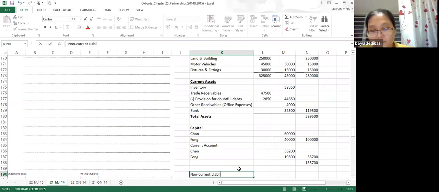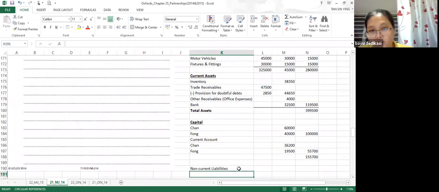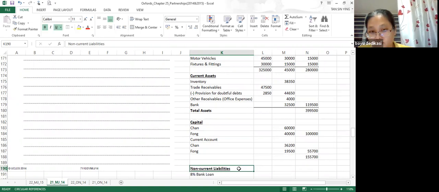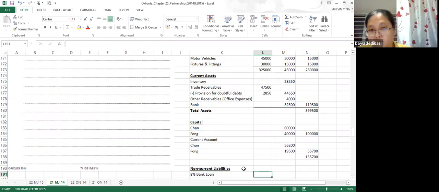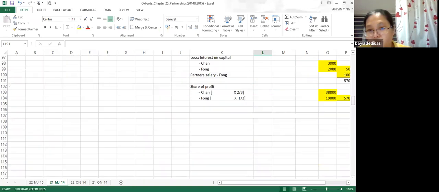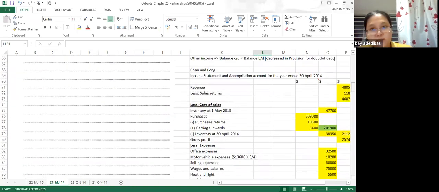You write 8% bank loan, which is from your trial balance. Because it's only one item, straight put into the third column.